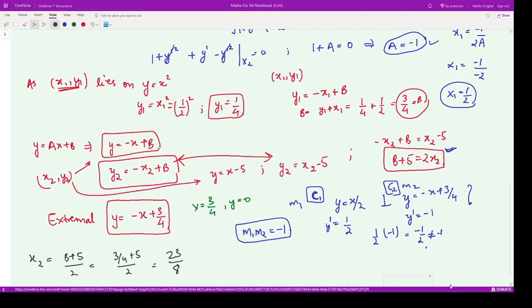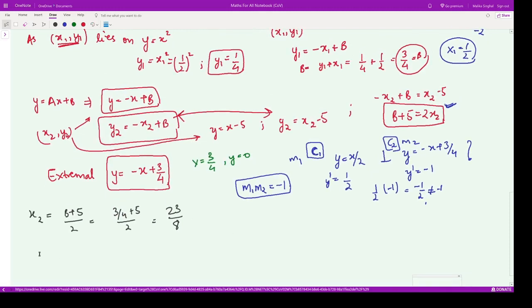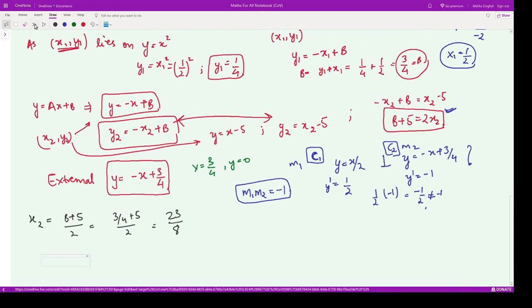So let us find out the shortest distance. The shortest distance would be the integration from the point x1, that was 1/2, to the point x2, that is 23/8, of the square root of 1 plus y' squared dx.